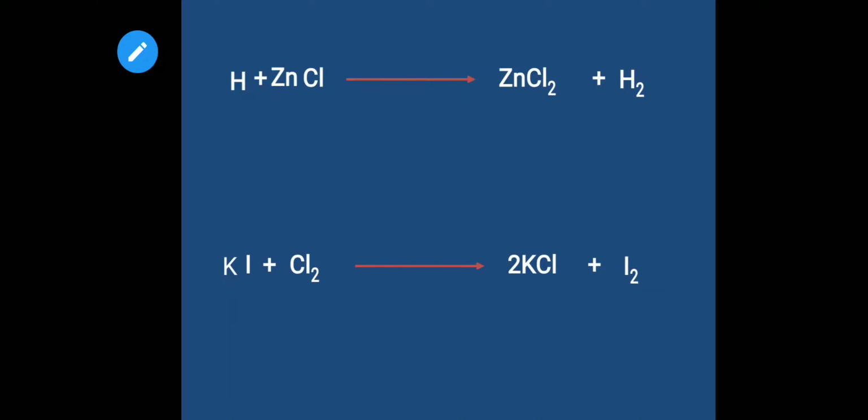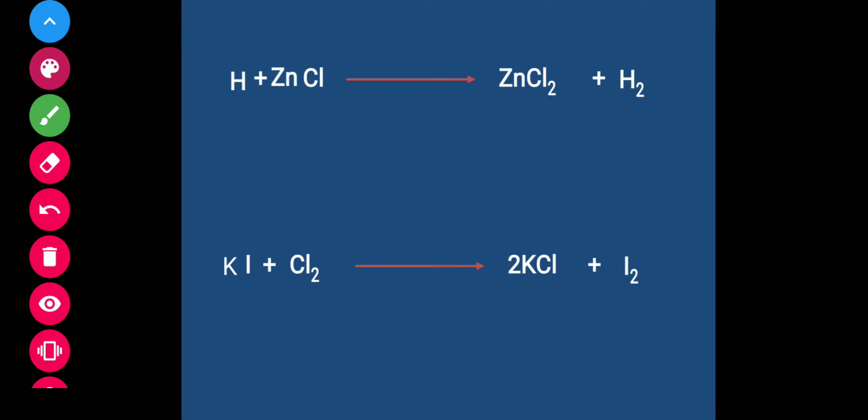Another example is potassium iodide and chlorine. This example involves a non-metal. Chlorine is more reactive than iodine, so chlorine displaces iodine, and we will get potassium chloride and iodine.